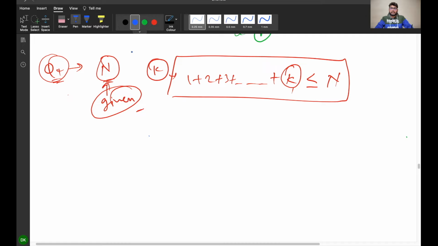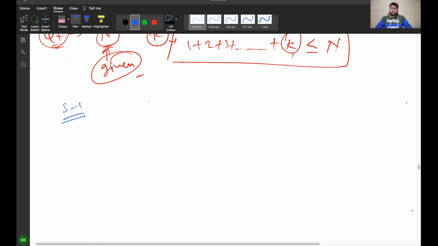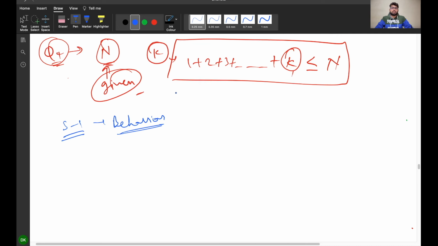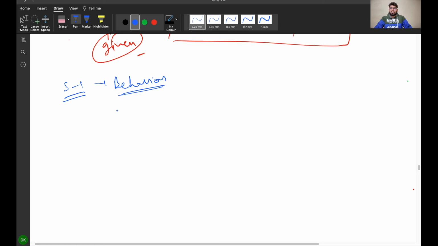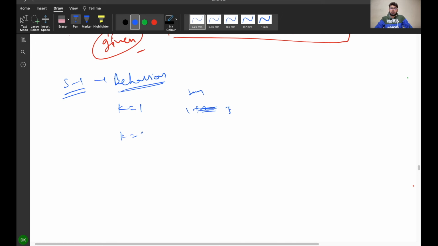So what is my step 1? That is the behavior. The behavior of the function is monotonous or not. If k equal to 1, then sum is 1. If k equal to 2, then sum is 1 plus 2, that is 3.